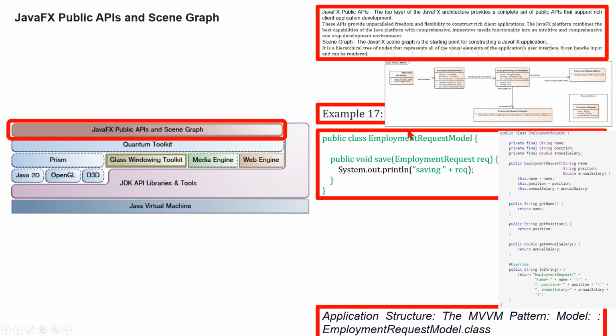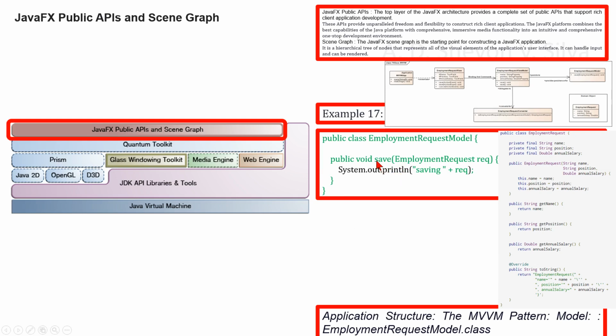The model, finally, persists the information. This model example has a single method which verifies that it receives correct data for the save operation.